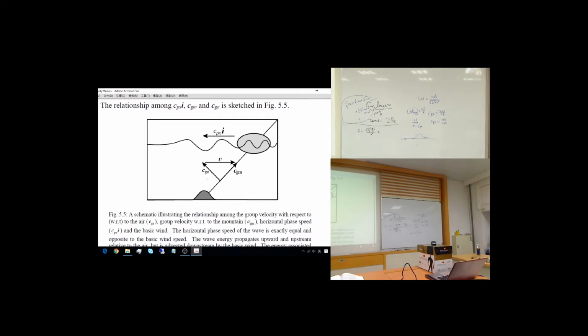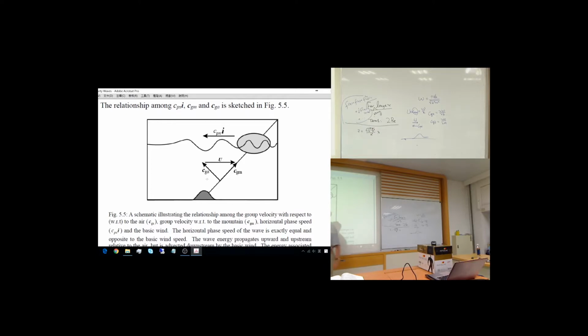You have some stationary wave here because Cpx equals U, so they kind of balance. You can see the wave here, but also the group velocity, the energy, is advected to here. Originally it propagates this way, but then it is advected by the mean wind.